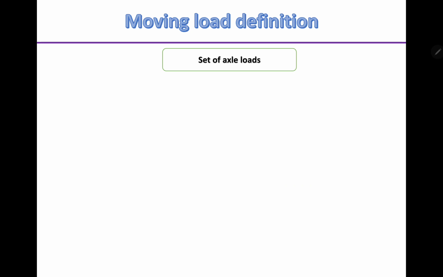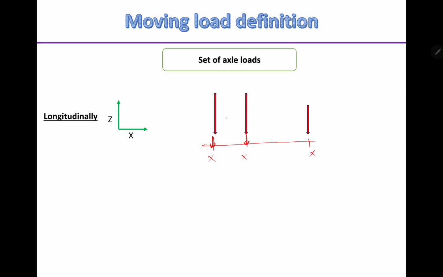For a set of axle loads longitudinally, each load is represented by a point or a concentrated force that will be defined by its x coordinate. The weight is directed in the minus z global axis. This is in the xz plane, the longitudinal axis.